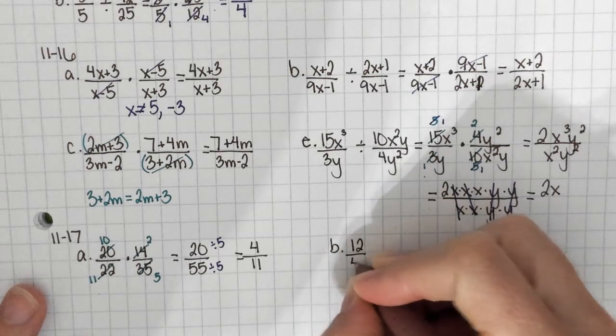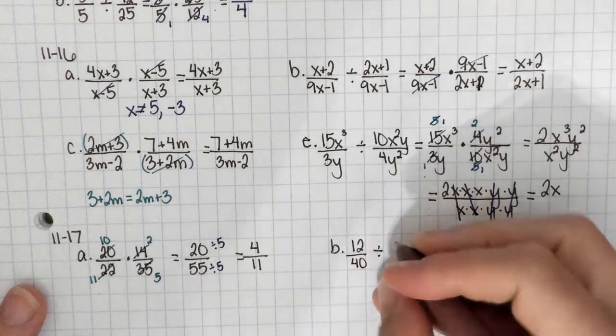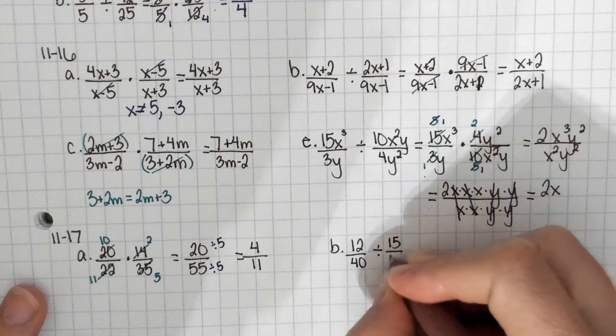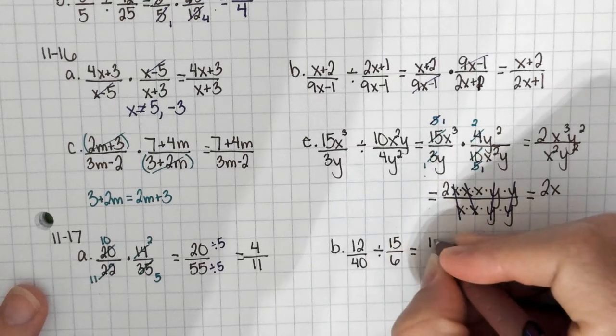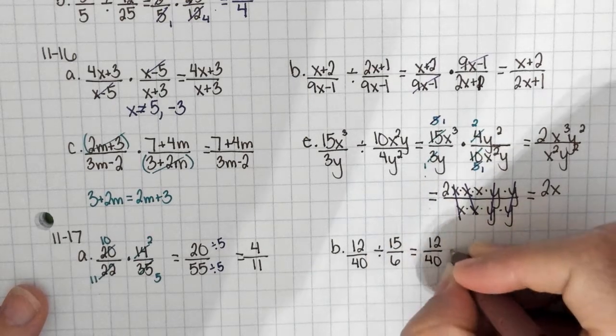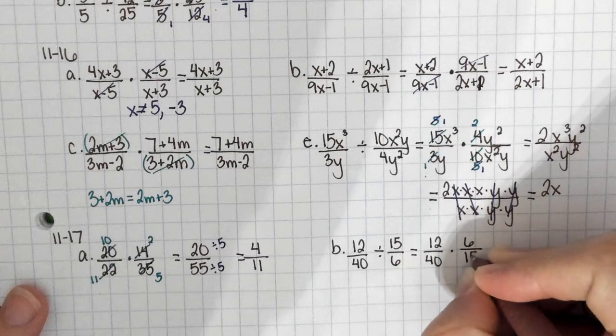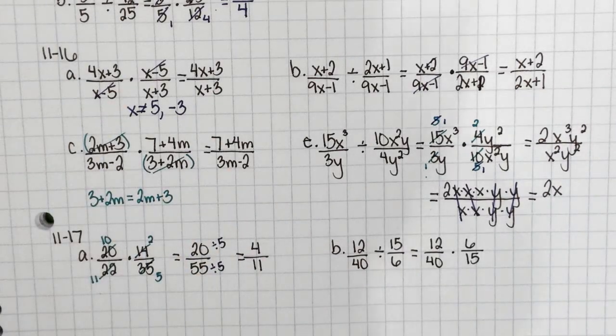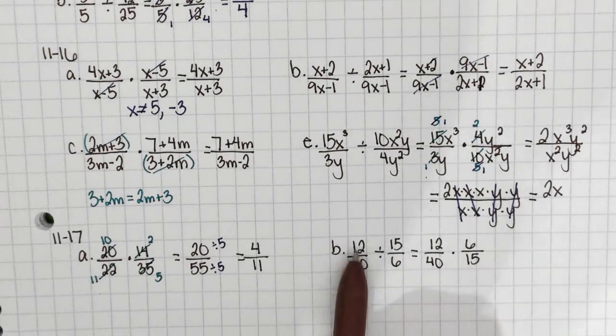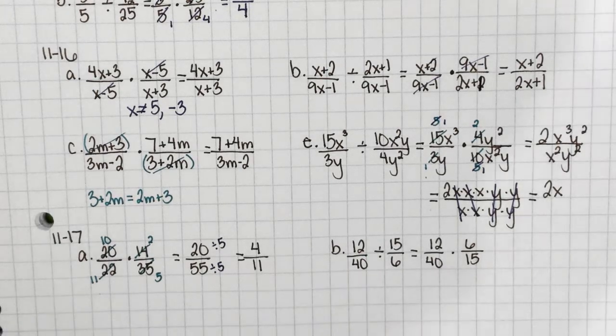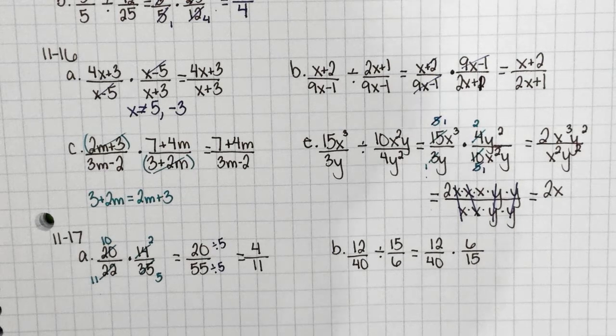So B is 12 over 40 divided by 15 over 6. So this is 12 over 40 times 6 over 15. So make sure you flip it first and don't start simplifying first. Don't simplify the 12 and the 6 as your first step. You won't get it right then.